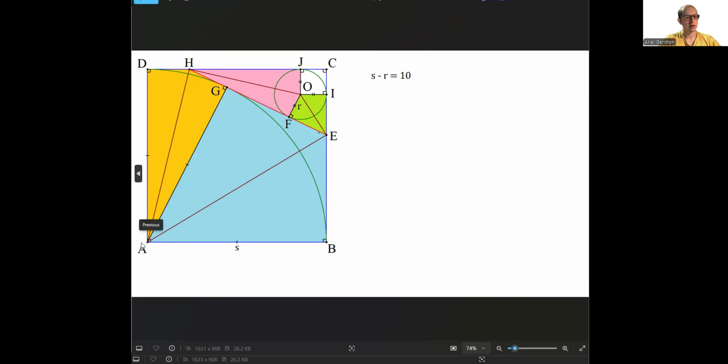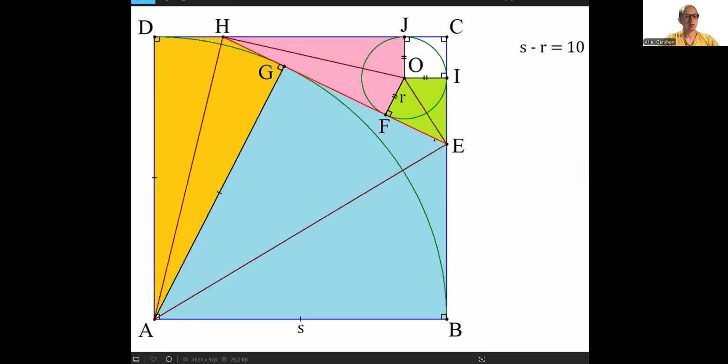Well, it's similar to the kind of kite that you're probably familiar with, like a kite that you fly. And it's a quadrilateral with two pairs of equal adjacent sides. So I'm going to enlarge that a little bit.